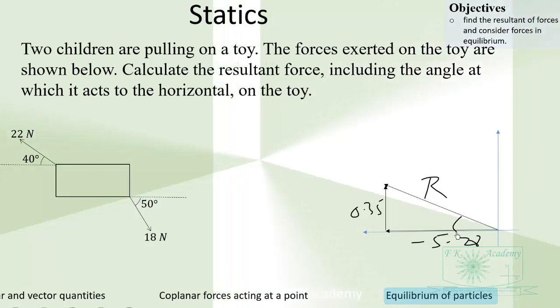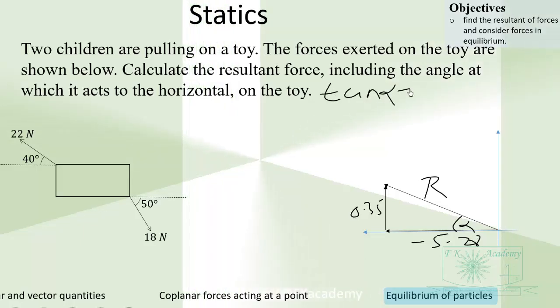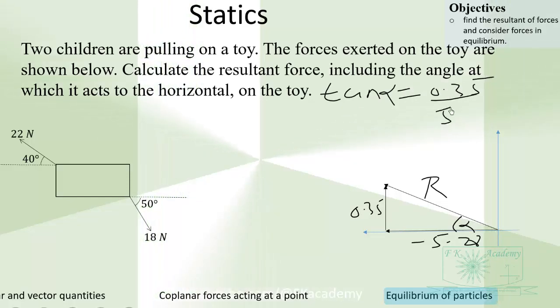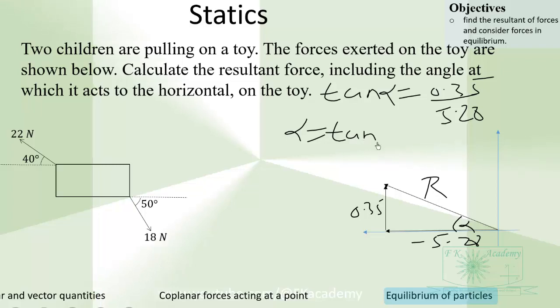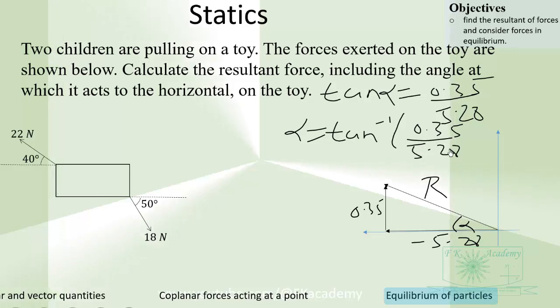So let's call this alpha. So tan alpha will be equal to opposite, which is 0.35 over adjacent, which is 5.28. So alpha will be equal to tan inverse of 0.35 over 5.28.